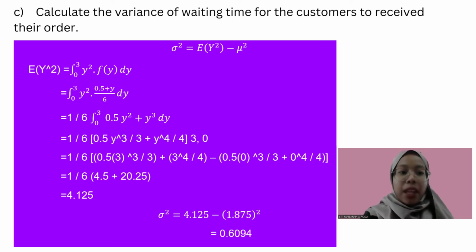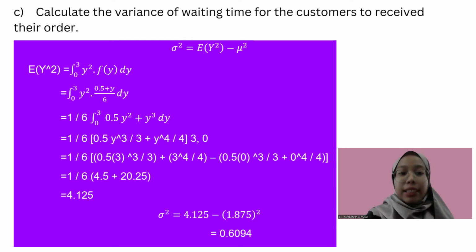Then close the bracket. You will get 1 over 6 in bracket 4.5 plus 20.25. And the last answer is 4.125.